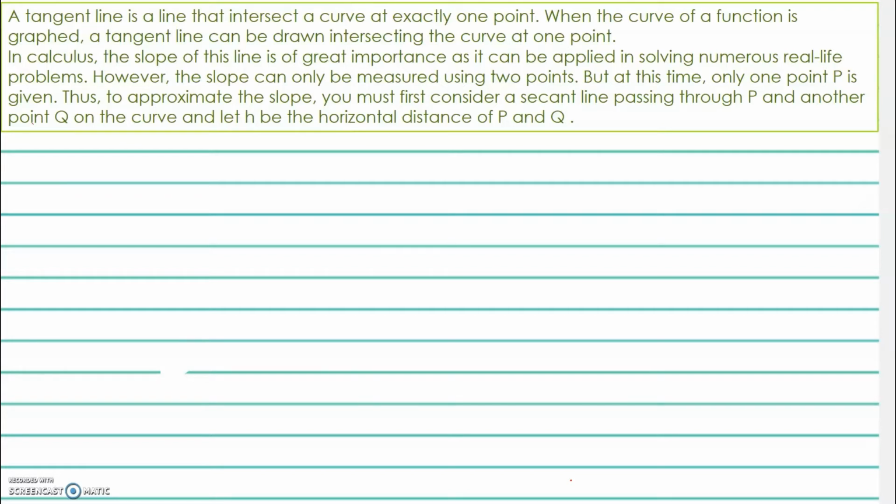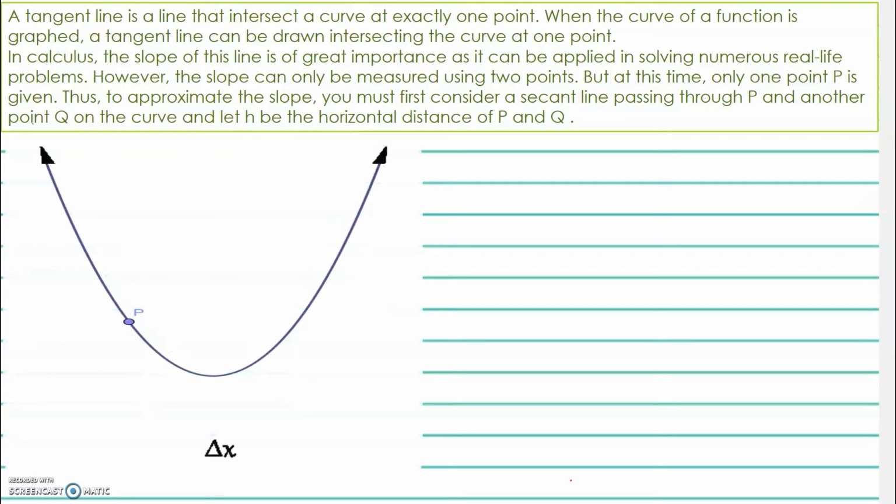Now, a tangent line is a line that intersects a curve at exactly 1 point. Now, when the curve of a function is graphed, a tangent line can be drawn intersecting the curve at 1 point.